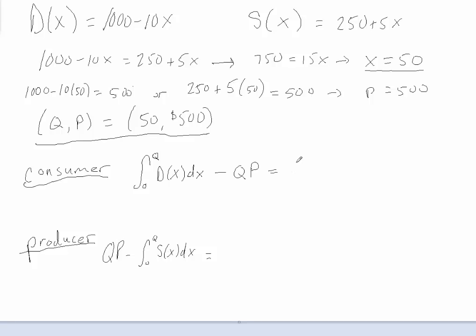So to find our surpluses now, first for the consumer, there's our formula, the integral of the demand function. So we've got 0 to Q of 1000 minus 10x dx.